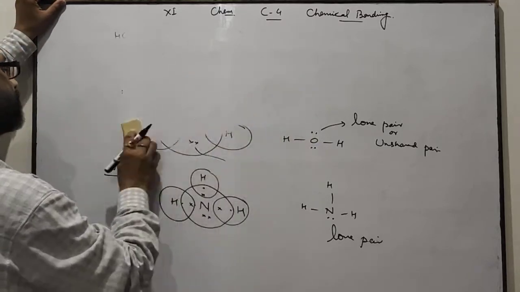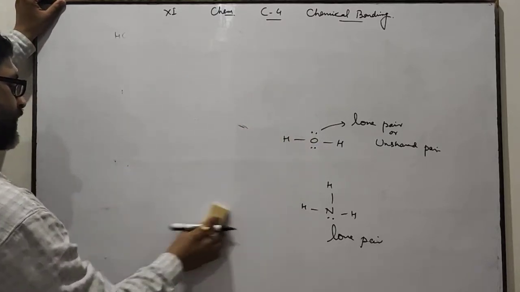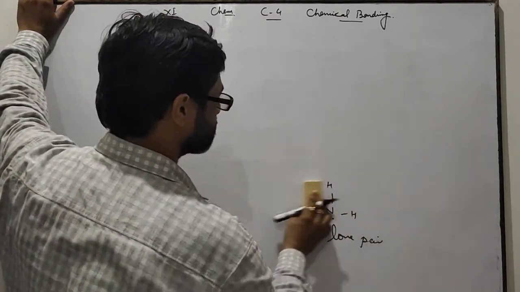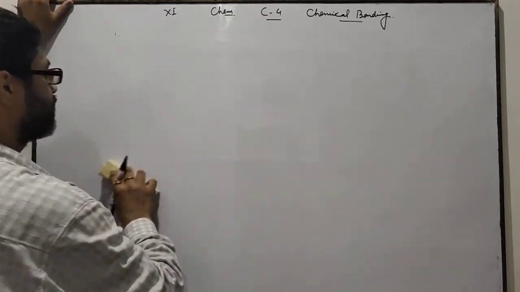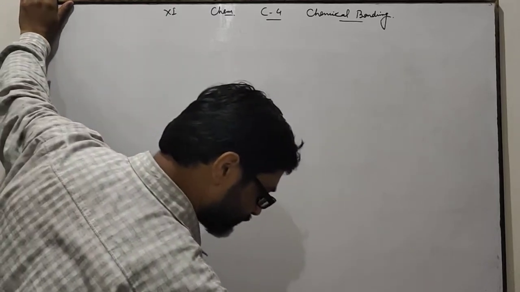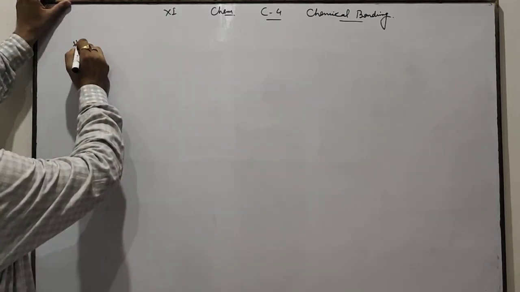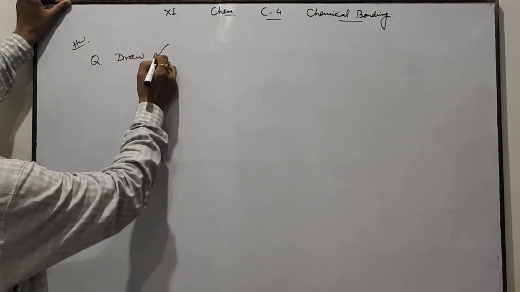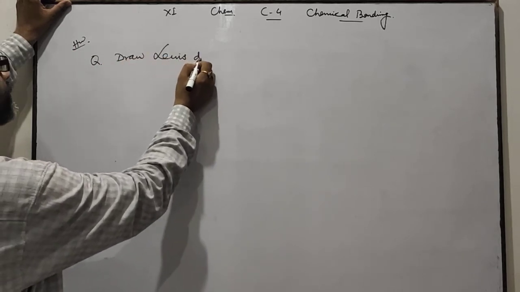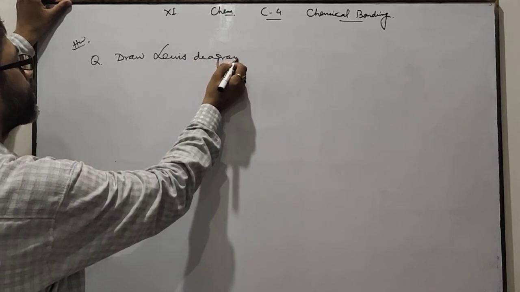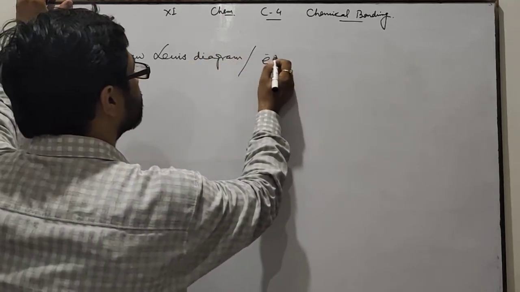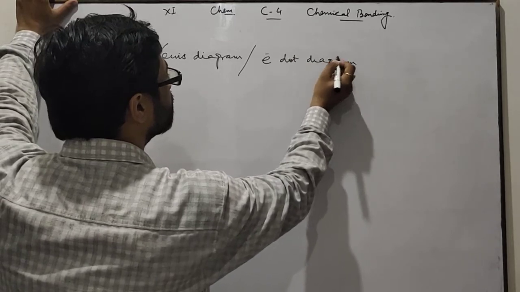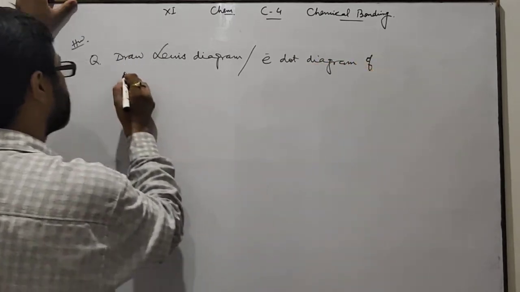Try to make some electron dot diagrams, or you can say Lewis diagrams, of certain compounds. I give you as homework: draw the Lewis diagram, or you can say electron dot diagram, of the following compounds.